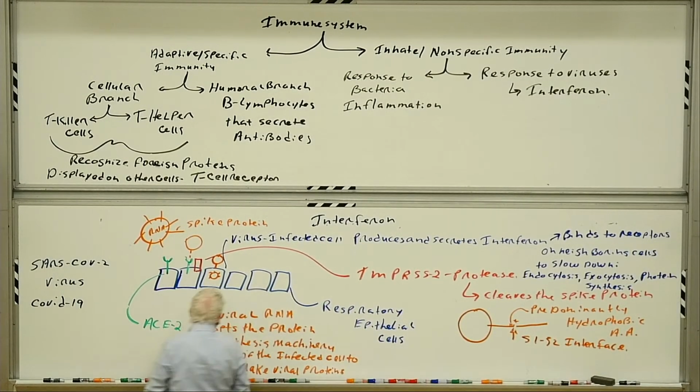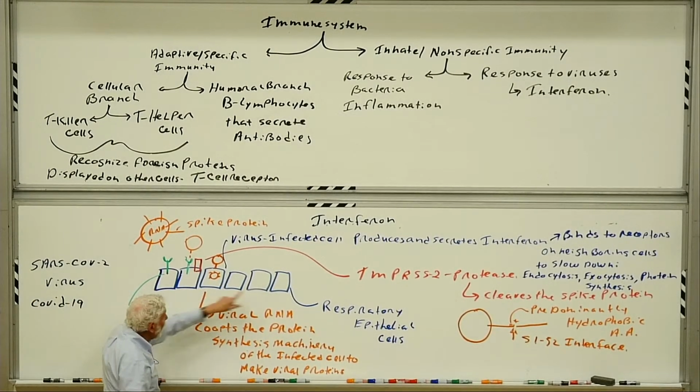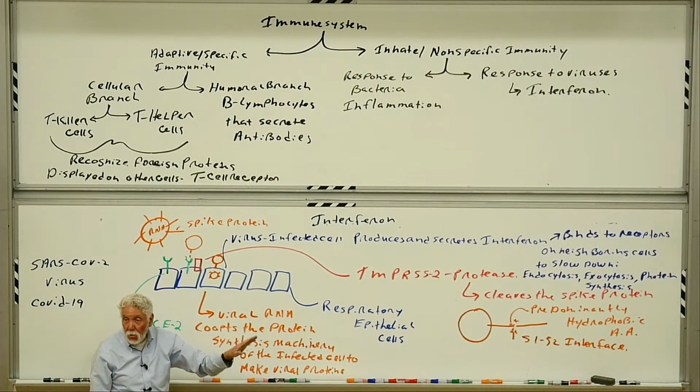But if you think about it, that's a pretty drastic thing to do. This virus-infected cell is telling all of its neighbors, slow down your metabolism. Stop taking things in by endocytosis.